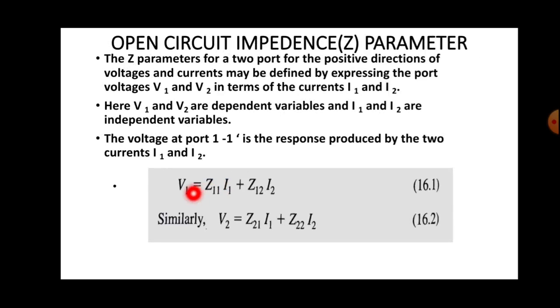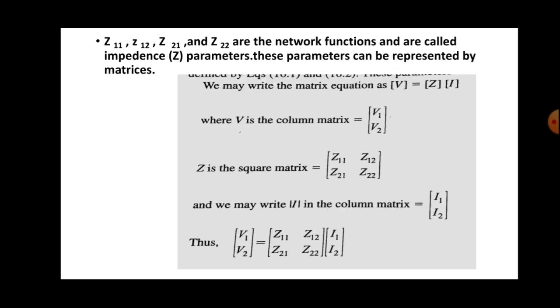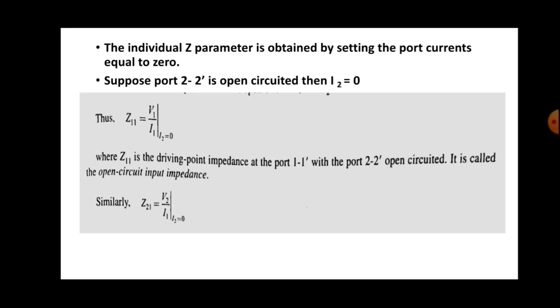What will happen to this? Whenever I2 becomes equal to 0, this quantity will not be there. So we can find out Z11. When I2 equal to 0, Z11 will be equal to V1 by I1. When I2 equal to 0, that means the port 2-2' is open circuited.